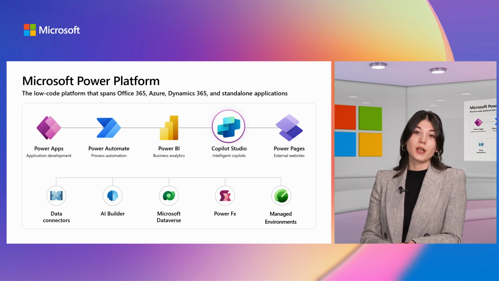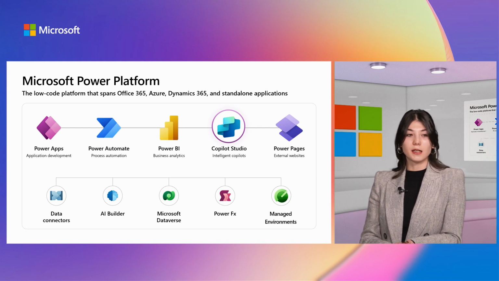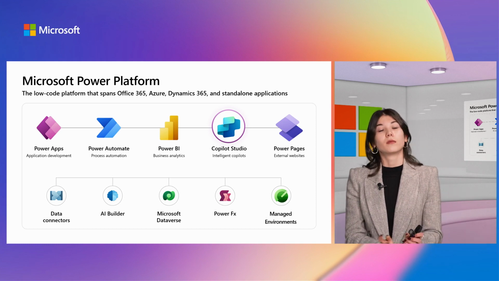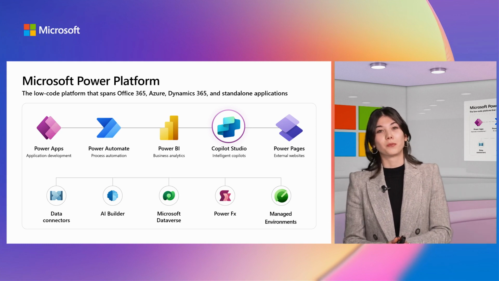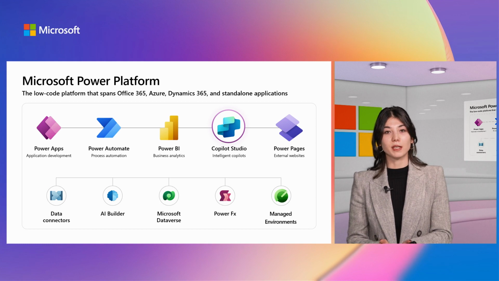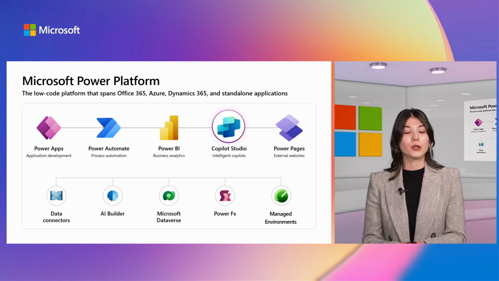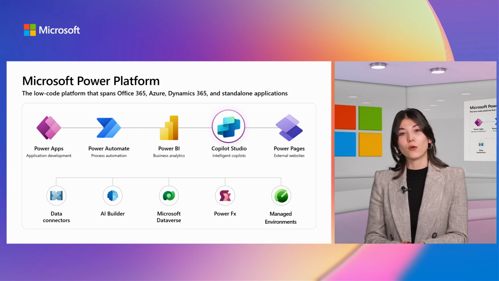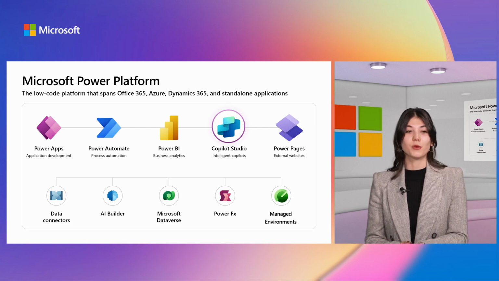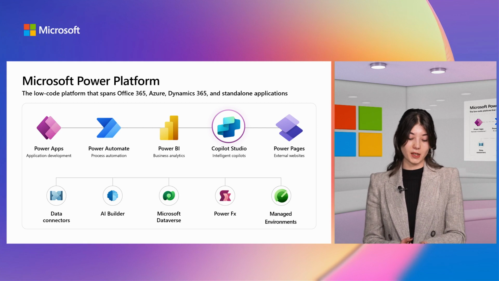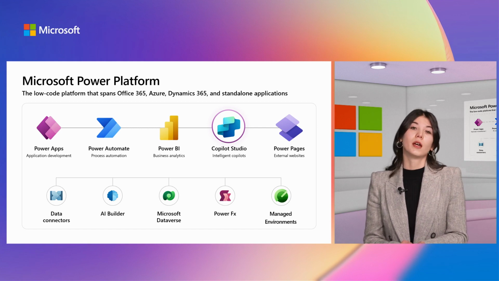Then we have Power BI for data analytics and data reporting. And finally, we have Power Pages for externally facing websites for your vendors, customers, partners, or else. And then, of course, Microsoft Copilot Studio, which is the focus for today. And that is our conversational AI capability.